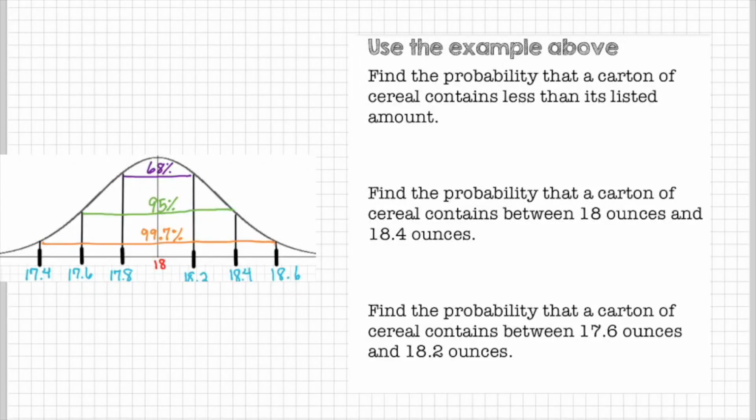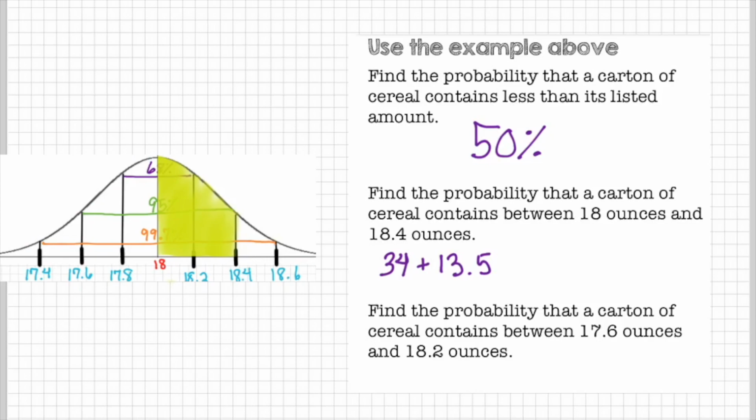All right, so for this section, you're going to use the bell graph that we already created from the previous problem. We have to find the probability that a carton of cereal contains less than its listed amount. If it contains less than the listed amount of 18 ounces, look at that bell graph. That's 50% of the bell graph, right? Then find the probability that a carton of cereal contains between 18 and 18.4 ounces.